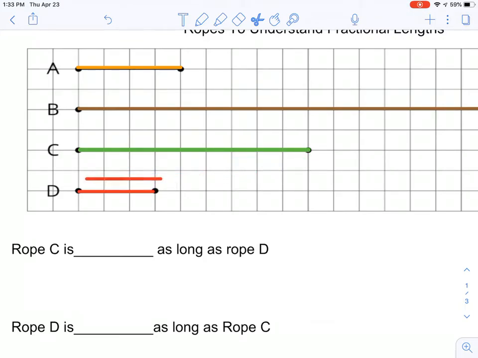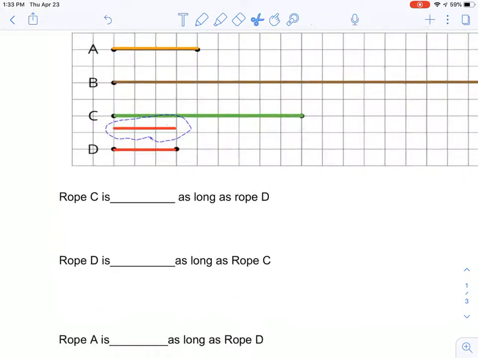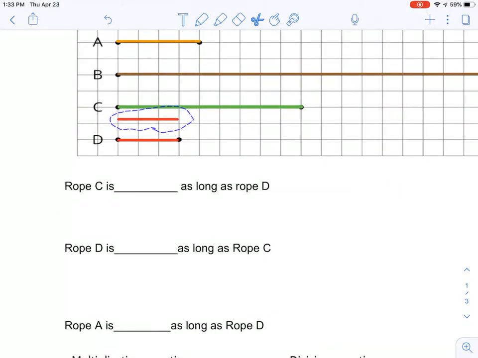So if rope D is 3 and rope C is 9, that means 9 is exactly 3 times longer than 3. So rope C in this situation is 3 times as long as rope D.